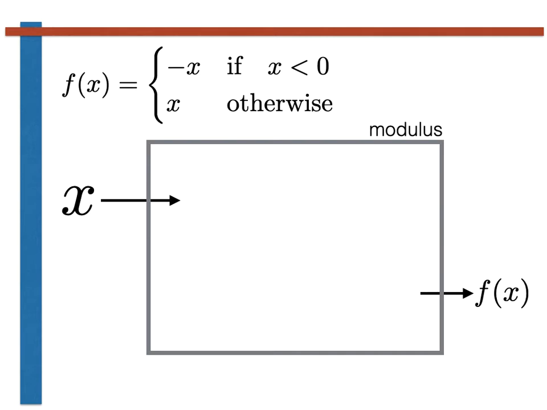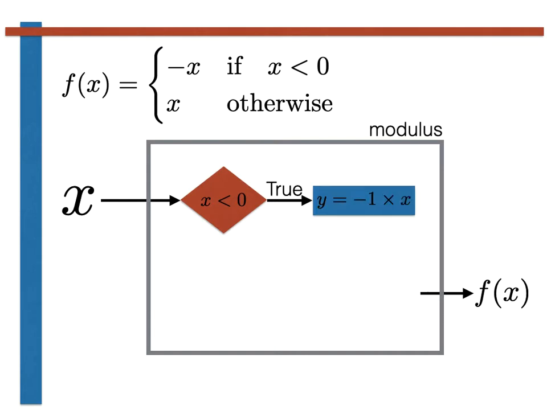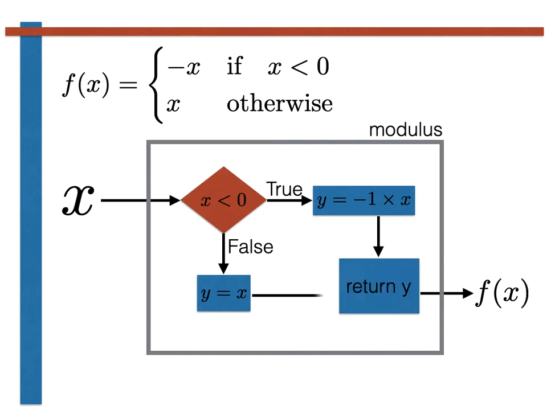The first thing that happens within the function is that the truth value of the proposition x is less than 0 is evaluated. If this proposition's truth value is 1, then y is evaluated as minus 1 times x. If the truth value of the proposition is 0, then y is set equal to x. Once y is evaluated, using whatever method is appropriate, this is then returned from the function.